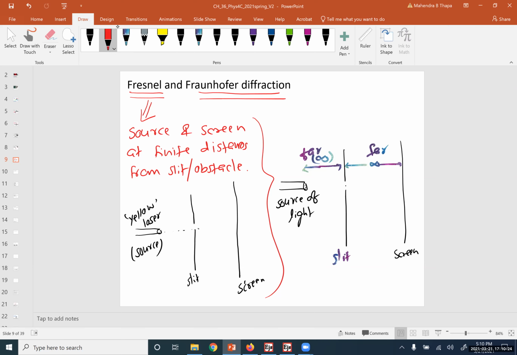So in the case of Fraunhofer diffraction, the source and screen are at infinite distances from the slit. To focus the light, we have to use lenses.